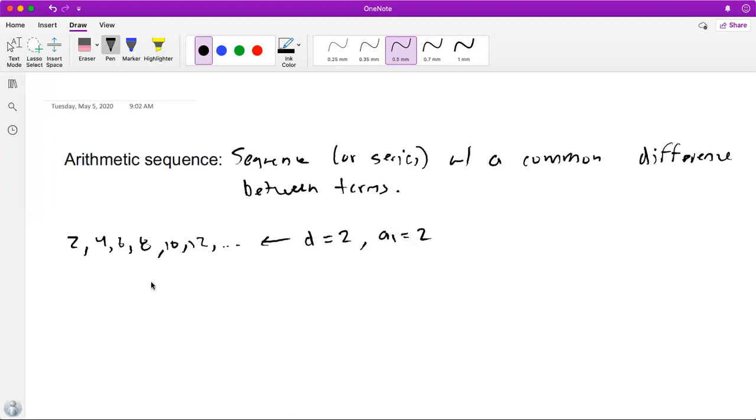And there's a formula for writing the nth term. Let me start that over because that's a real mess.